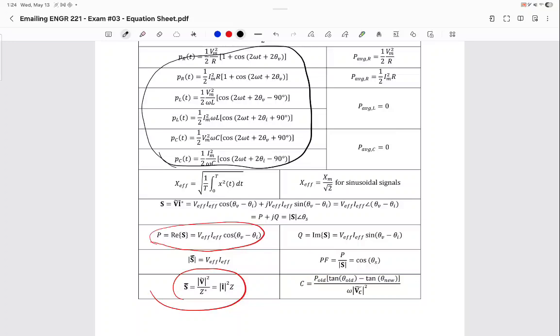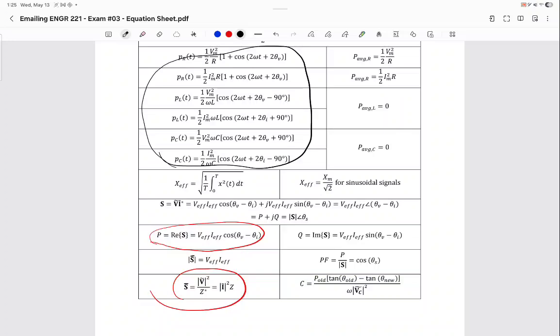Could you do the V squared over Z conjugate? Sorry, again? V squared over, magnitude of V, or VRMS squared over Z conjugate? What is Z? Is EQ. That's good. Let's talk about it later.